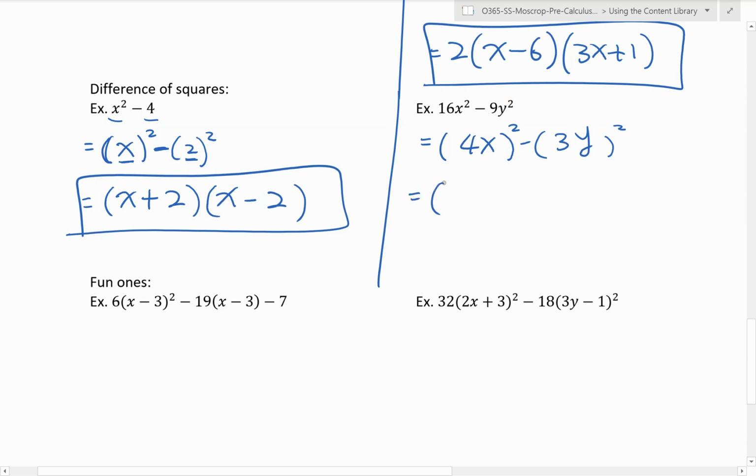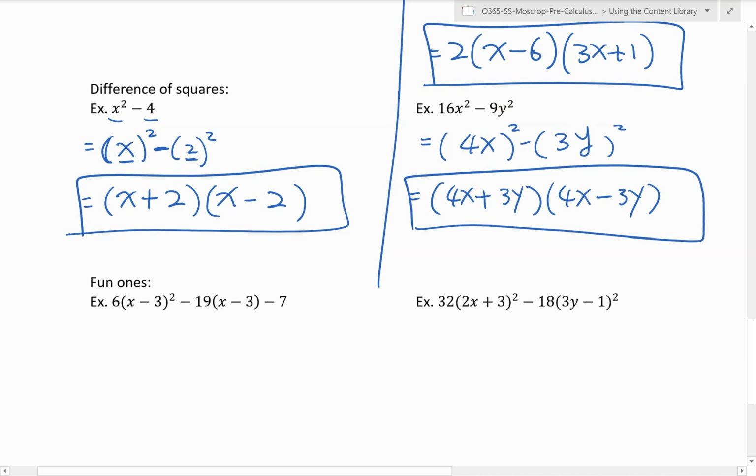Once we have this set up, it's easy. 2 sets of brackets, 4x, 4x, 3y, 3y, 1 plus, 1 minus. Done. You might ask, Mr. H, can I write the minus sign first and then the plus sign? Of course, it's fine. Not a big deal. Same thing. When we multiply, the order does not matter. That's difference of squares.